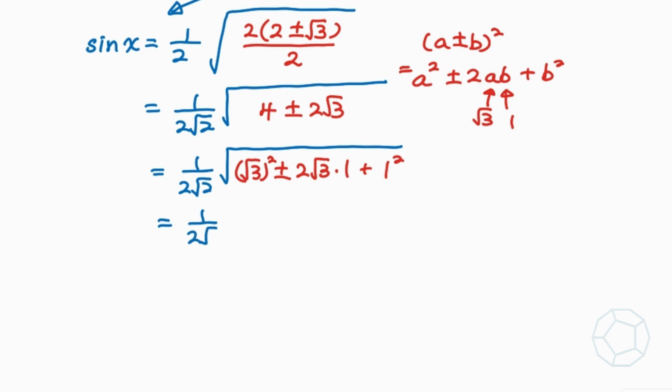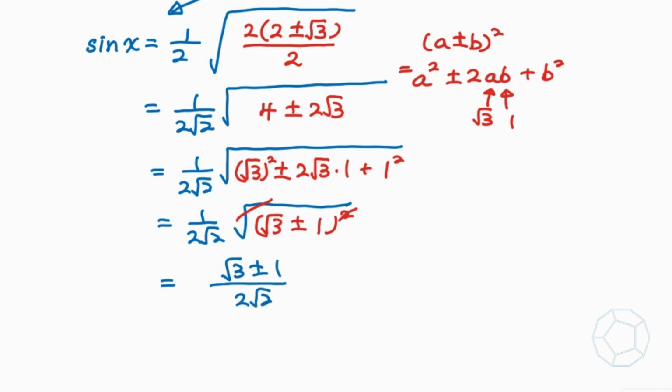So sine x is 1 over 2 root 2. Inside the large square root, we have (square root 3 plus or minus 1) squared. And obviously, this square and square root cancel out. So we have (root 3 plus or minus 1) over 2 root 2. Let's rationalize the value by multiplying root 2 over root 2.